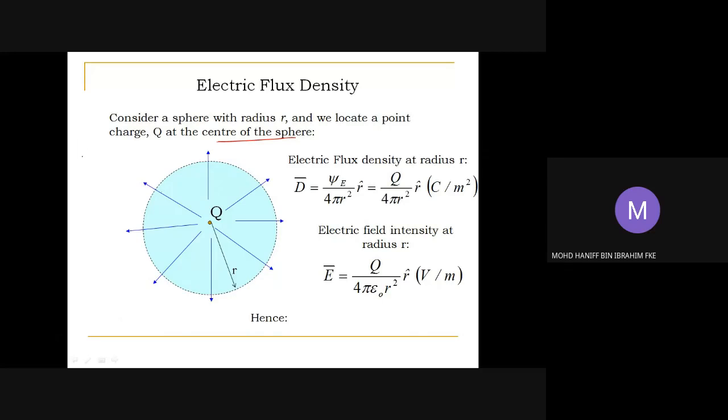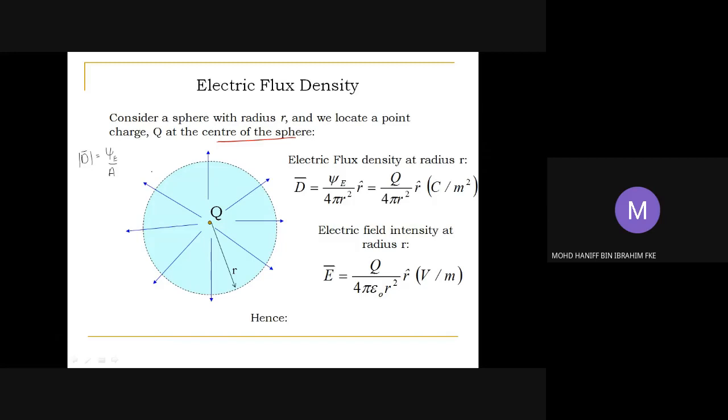the magnitude of D equals the flux amount divided by the area. This is the equation that we have seen previously: the flux density is given by the flux amount over the area.